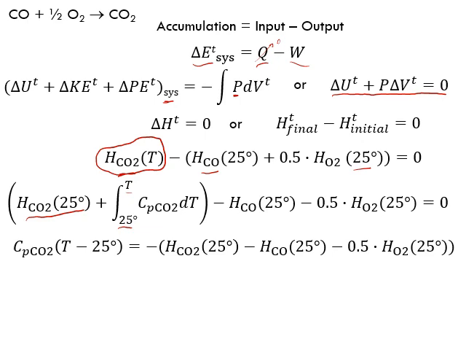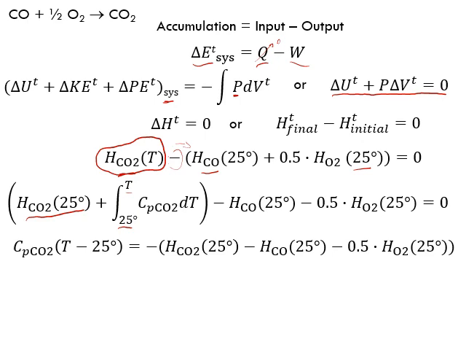And then here we just multiply the negative inside the bracket. So you have negative HCO at 25 degrees C, negative 0.5 HO2 at 25 degrees C as well.